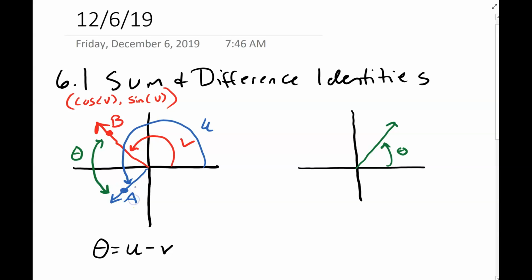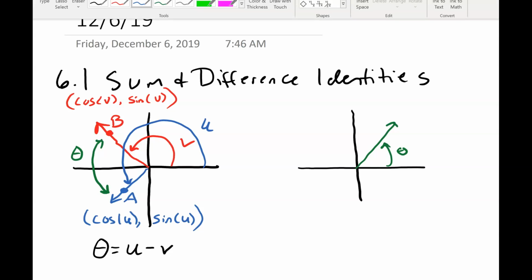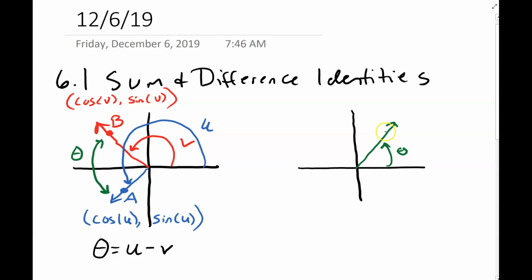Similarly down here, I'm going to call this point A. This is going to be the point on the unit circle that intersects the terminal side of angle U. So the point here would be cosine U, comma, sine U. Everybody okay with that? All right. I'm going to do something similar over here on theta.